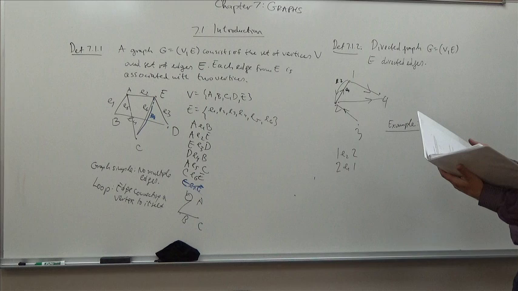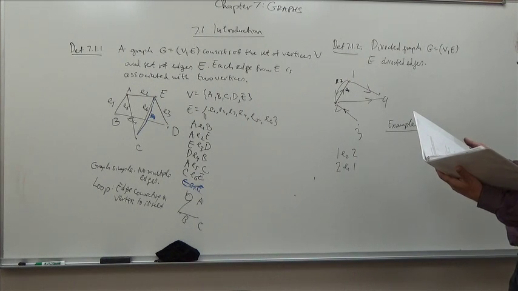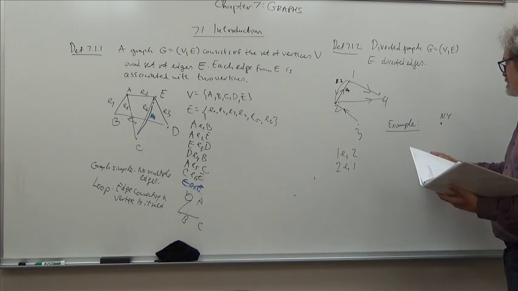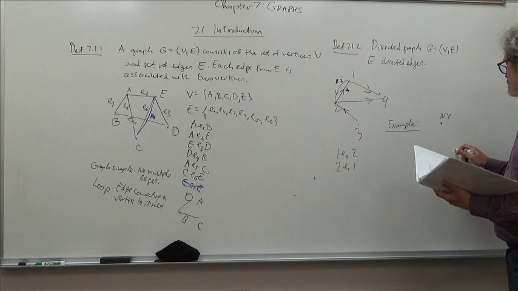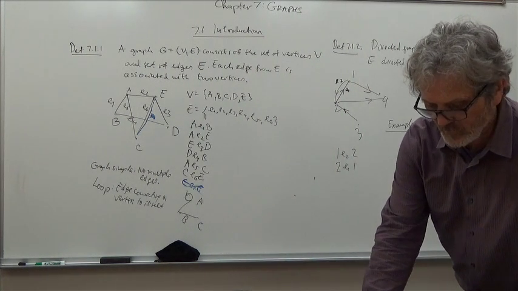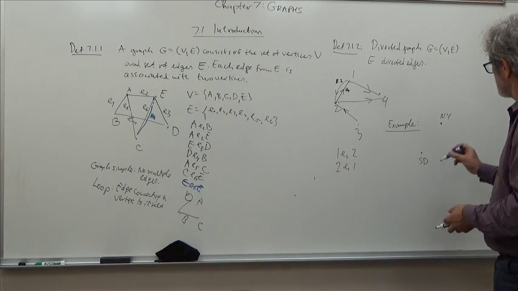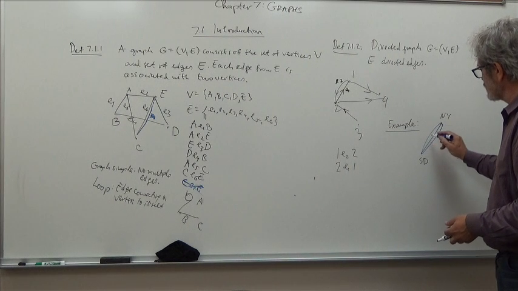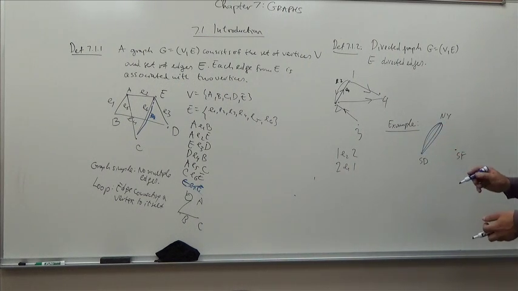For each daily flight from U to V, we can associate an edge UV. So here's, let's say, New York, San Diego, San Francisco, and then we would have an edge connecting New York to San Francisco for one flight, for the other, and so on.